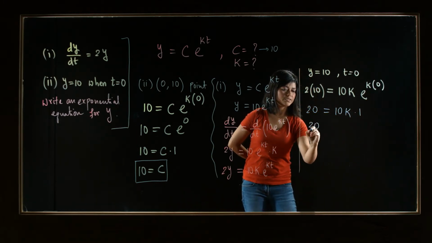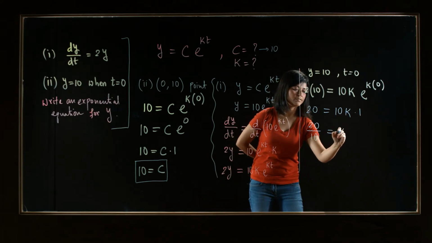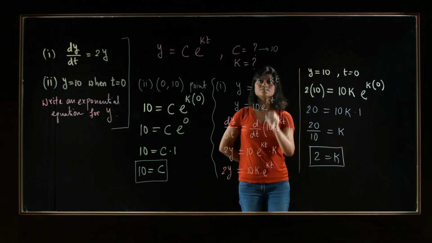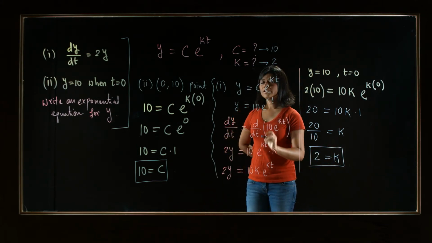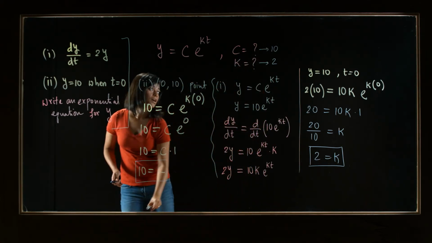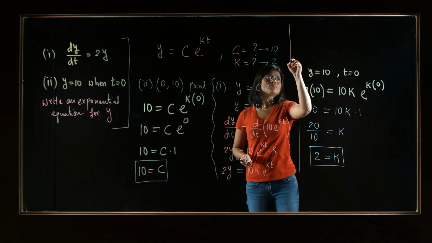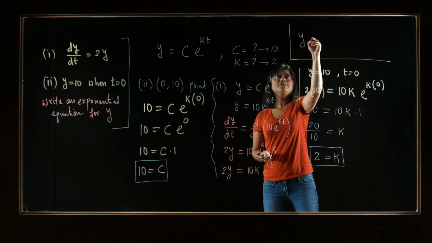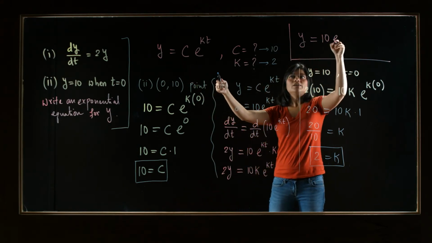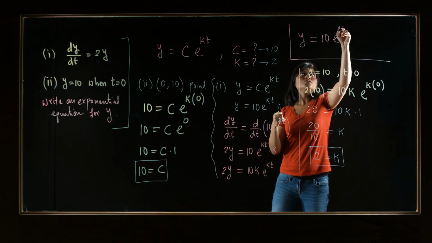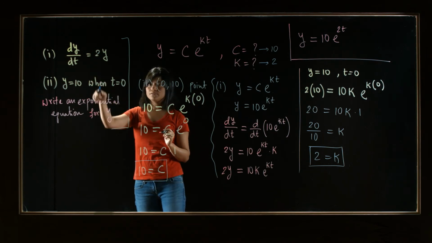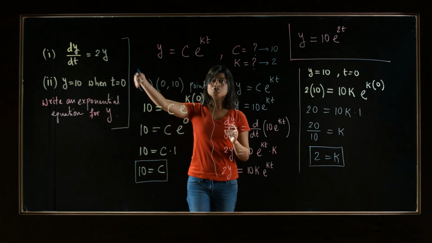So 20 divided by 10 is equal to k, and so k is 2. As soon as we have both these constants, we can write down our equation, and that is y is equal to 10 e to the power 2t. So that is an exponential equation for y that uses these two properties.